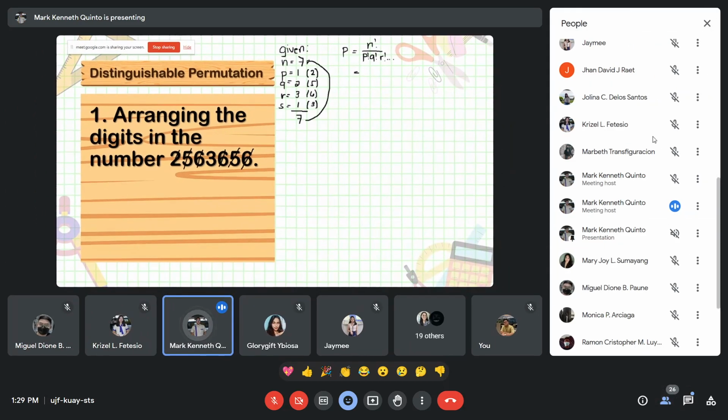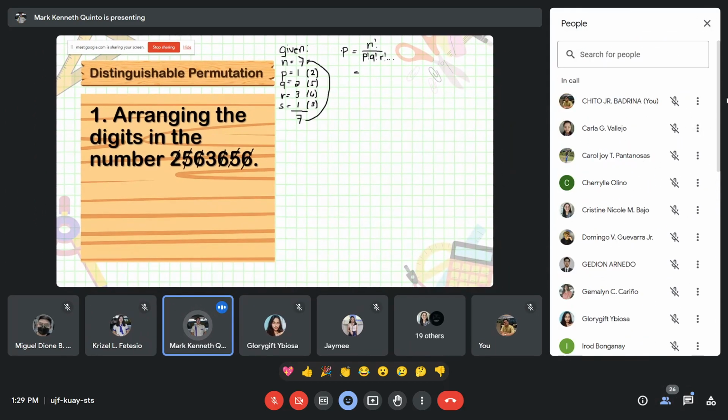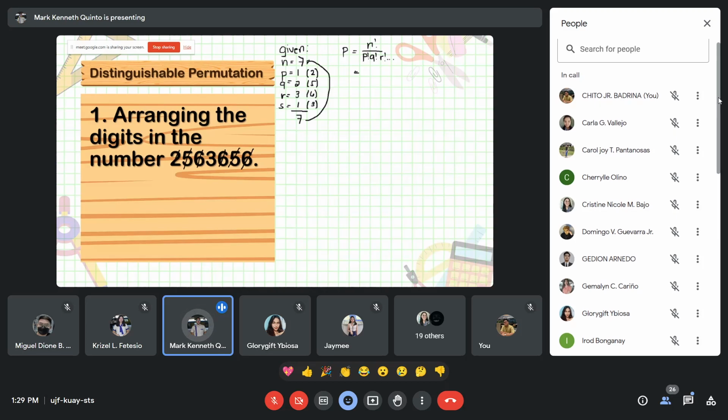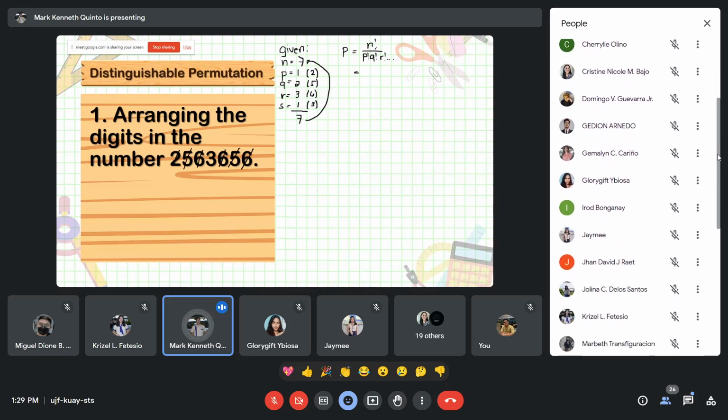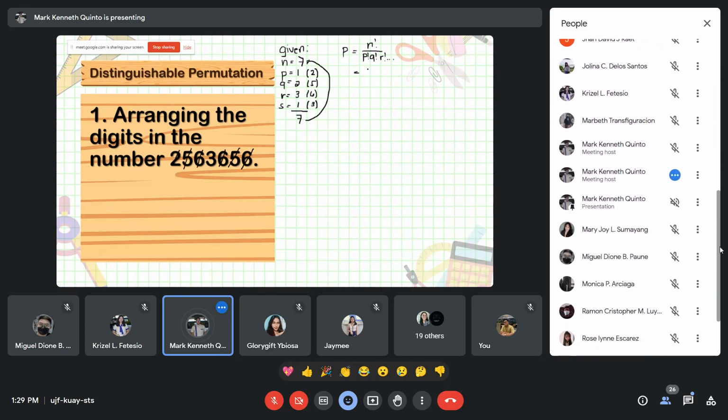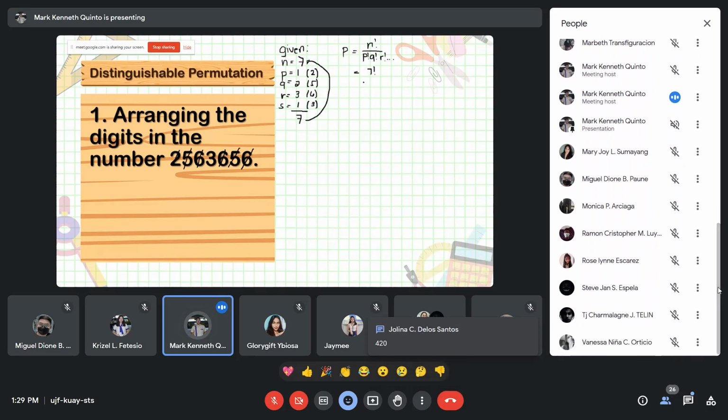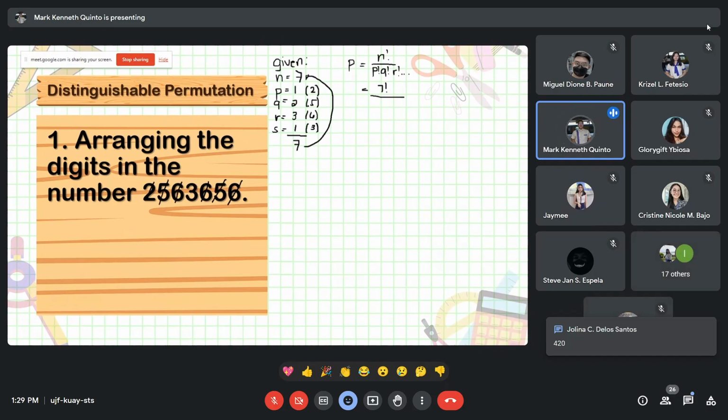We can now substitute the value of our given in our formula. So we have n factorial. Since the value of n is 7, that is equal to 7 factorial, all over for P, we have 1 factorial. And for Q, we have 2 factorial. And for R, we have 3 factorial.